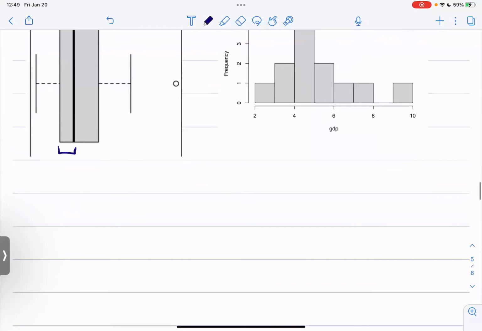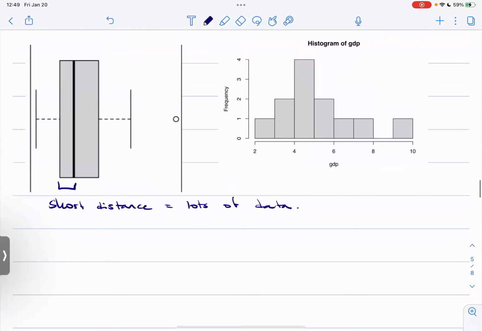So here, this short distance means lots of data, right? And so that would be kind of, well, I cropped the number line, but it would be in this range here, right?